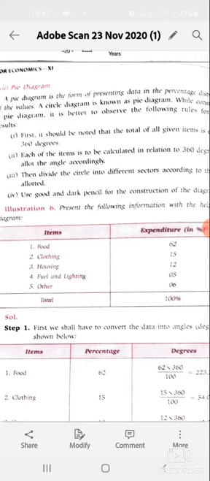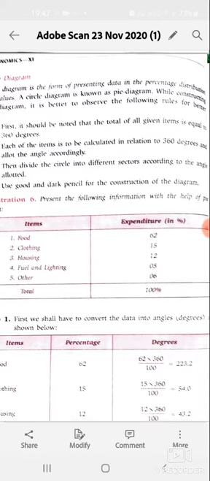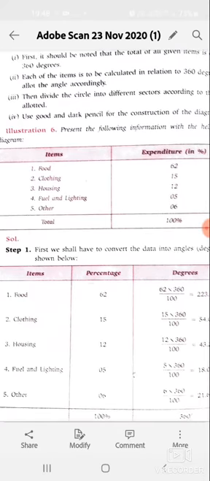There are 5 items you can see: food, clothing, housing, fuel, and lighting, and their expenditure is 62%, and 15, 12, 5, and 6. First of all, the variables shown should be added, and because it's given in percentage, it is 100%. The next step is to convert these percentages into degrees.